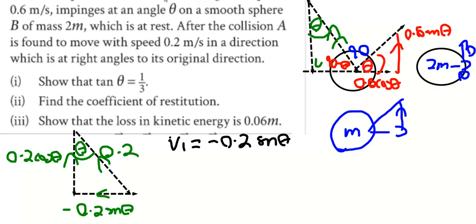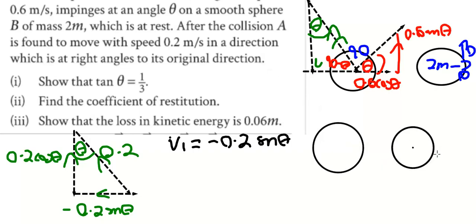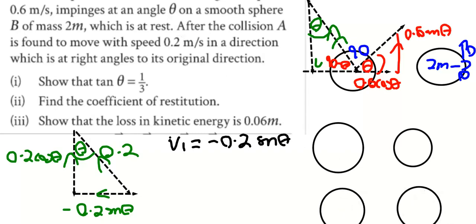All right, so here's my before and after picture. So we all have it. I think we all said it's 0.6 cos theta and 0.6 sine theta.